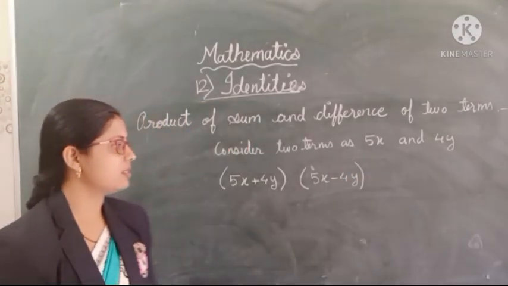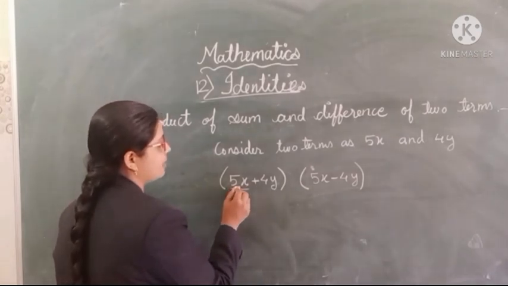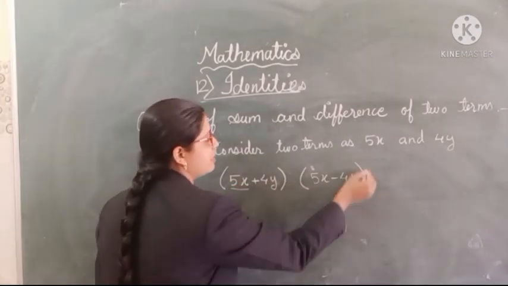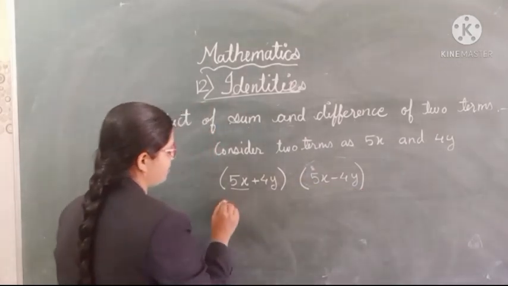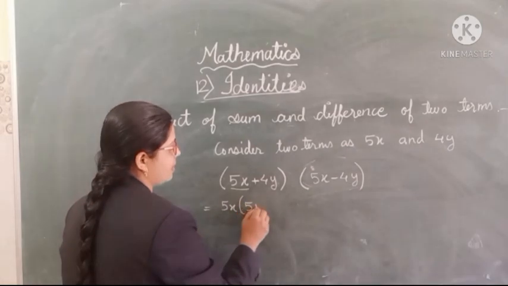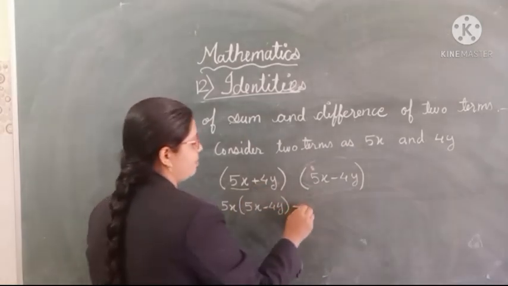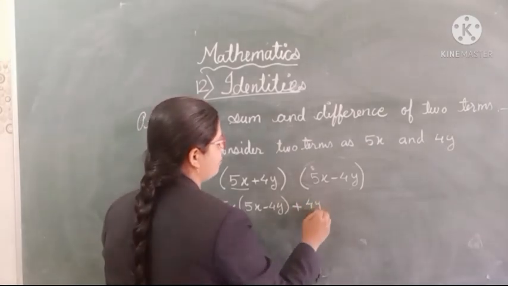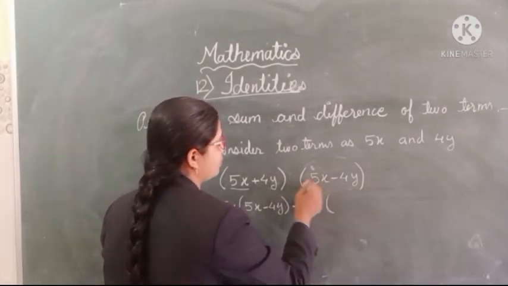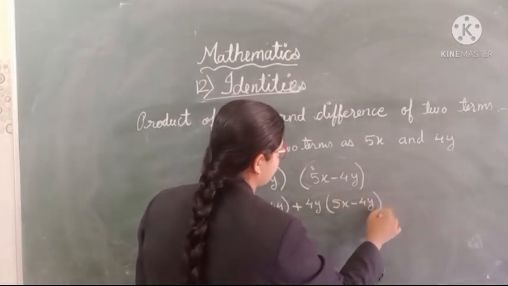Okay, so let us solve this example. We will keep this term as common so that we multiply it to both terms. So it will be 5x into bracket 5x minus 4y, then plus sign 4y multiplied to the whole bracket. Right?